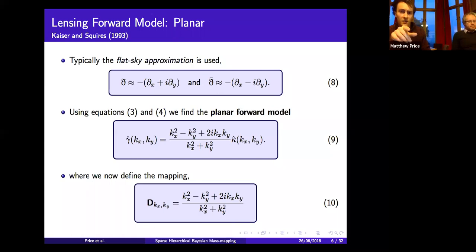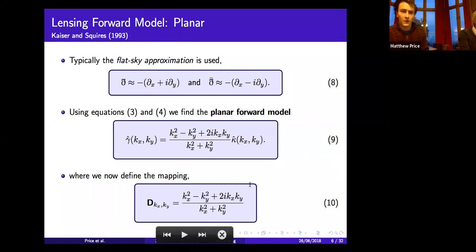Now, combining these with the relations between gamma and kappa, the convergence, we can get a relation 9, which is the forward model in Fourier space. So this is to say that if you were to have the Fourier coefficients of the shear field, you can relate them to the Fourier coefficients of the convergence field by this mapping D.